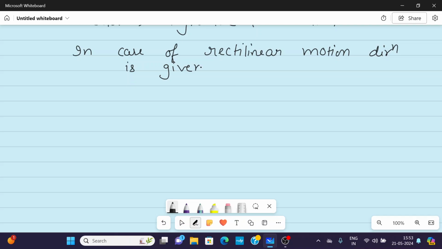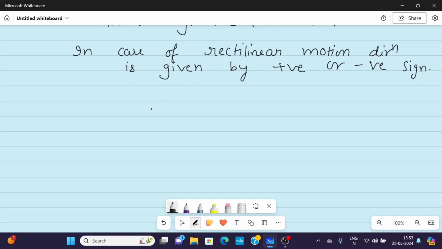Rectilinear motion means motion along a straight line. Because here in this unit we are considering only rectilinear motion, so direction is given by positive or negative sign.